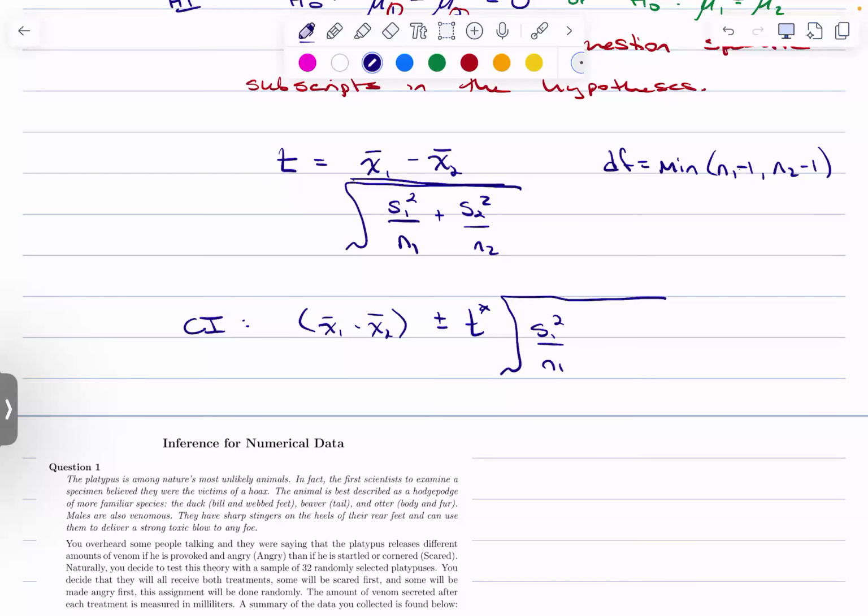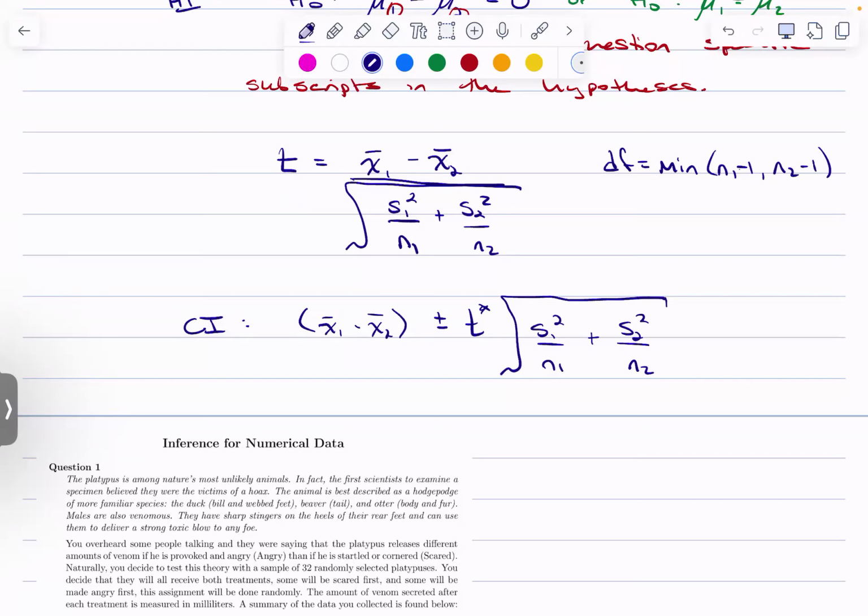S1 squared over N1 plus S2 squared over N2. These questions, just like two sample proportion questions, I find are relatively easy to pick out because I need to give you a ton of information.